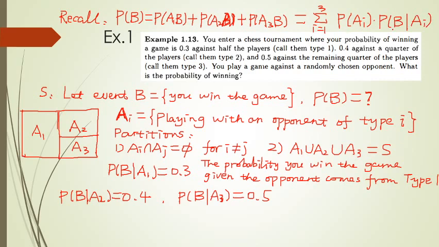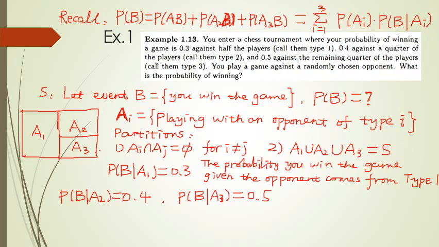So here we have already figured out the conditional probability, where the event B is winning the game. We have already figured out what those 0.3, 0.4, 0.5 mean. That is the probability of winning the game when I have the opponent from type 1, type 2, type 3.